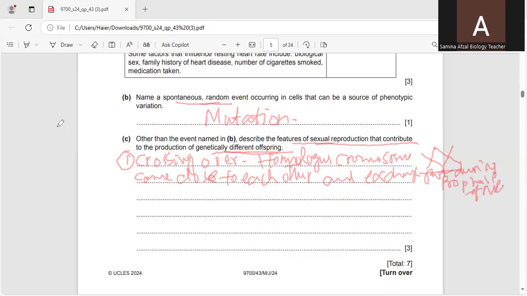Okay. And the second can be the random fusion of gametes.